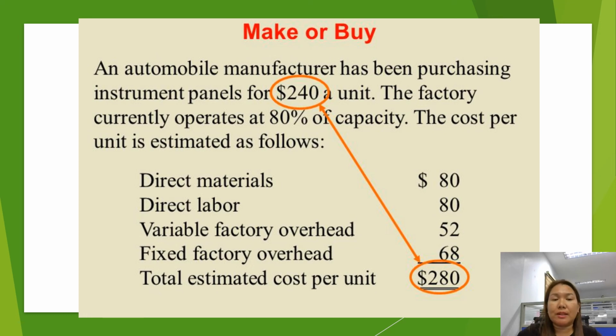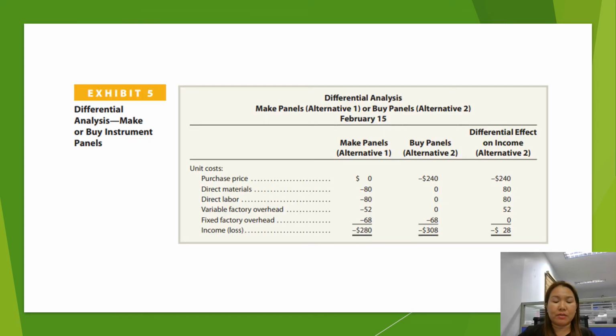The cost per unit is estimated as follows: direct materials $80, direct labor $80, variable factory overhead $52, fixed factory overhead $68, with a total estimated cost per unit of $280. An illustration of this differential analysis is shown in Exhibit 5. The differential analysis for this make or buy decision is shown in this Exhibit 5.